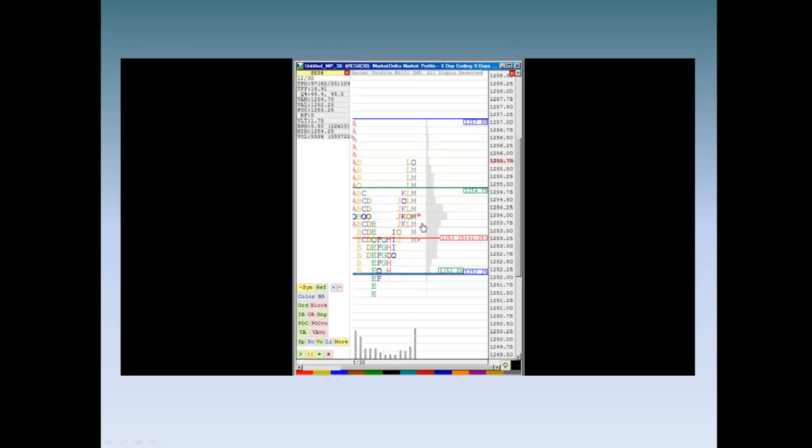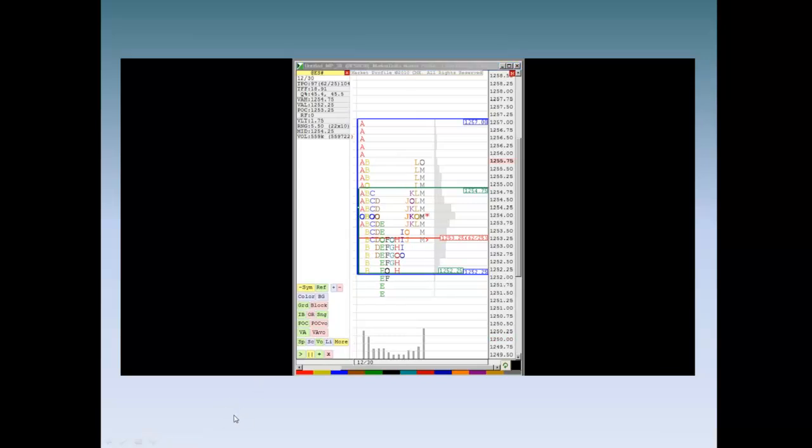And not only that, they continue to drop back to the POC. And you will always find that these POCs are very important numbers to keep your eyes on. Price always tends to navigate towards that POC. All right, and that was December 30th.